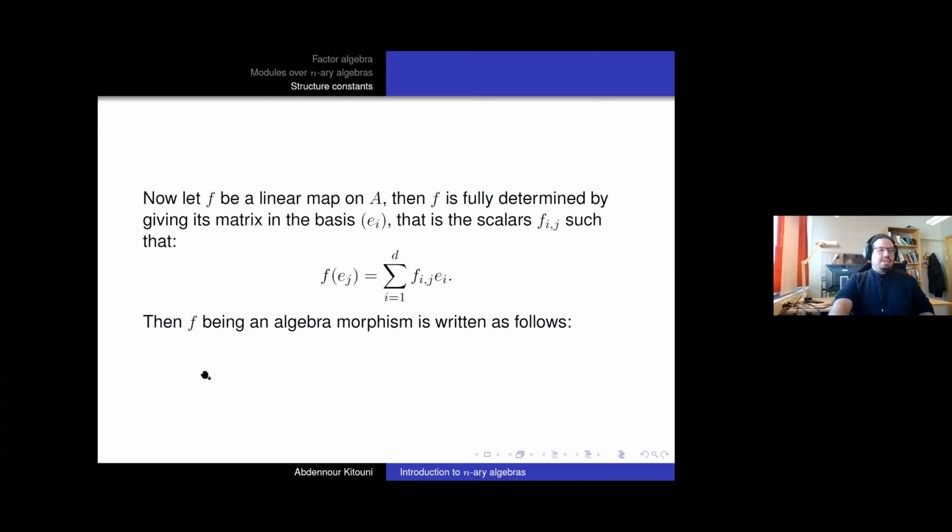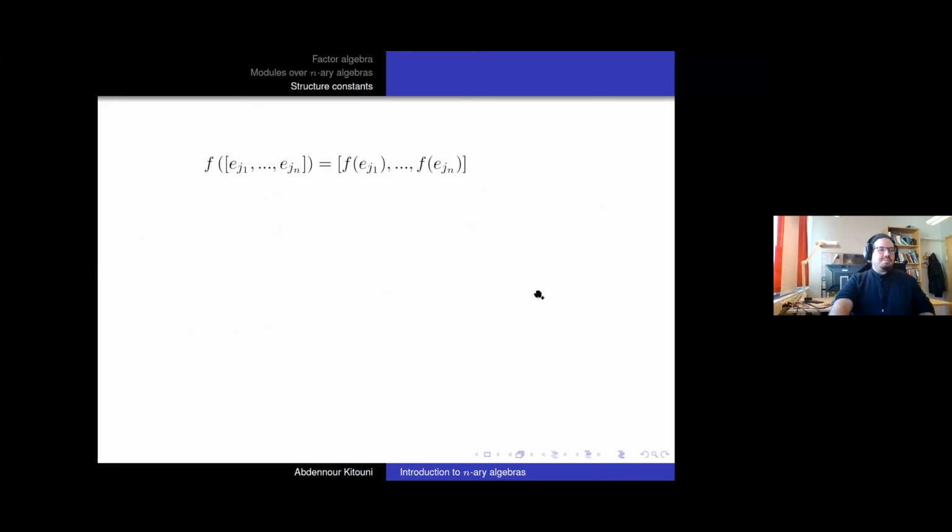If F is an algebra morphism, then we have this: F preserves the products, and we can only work with basis elements.